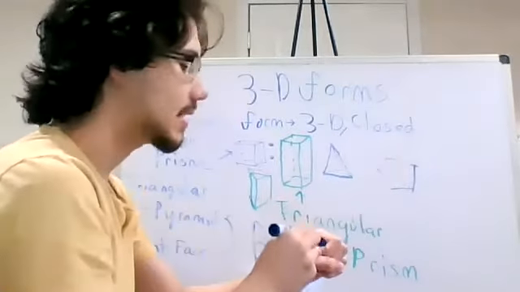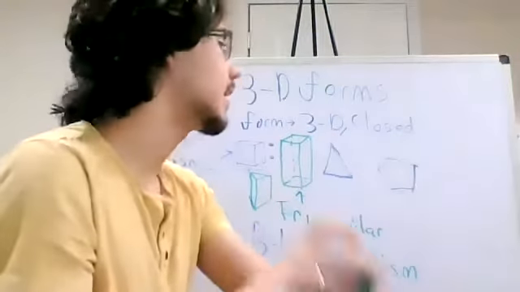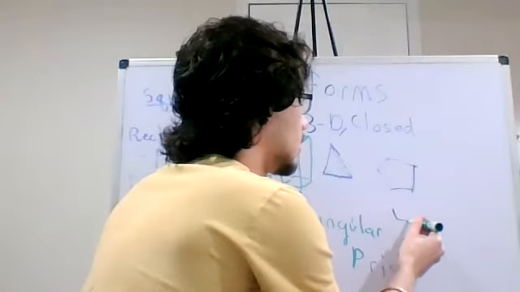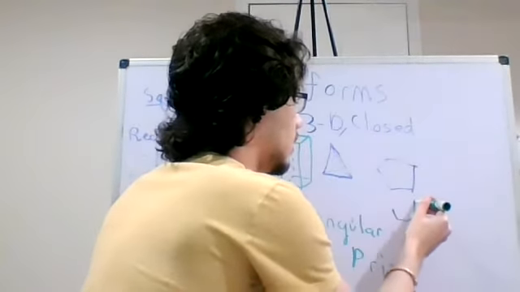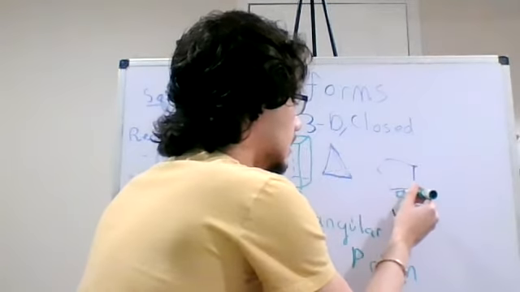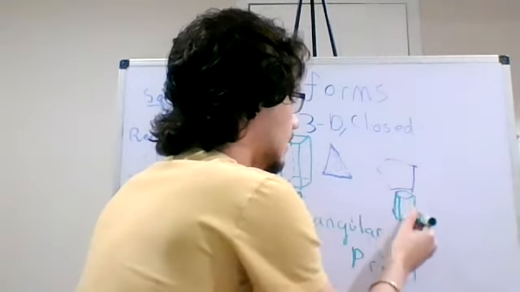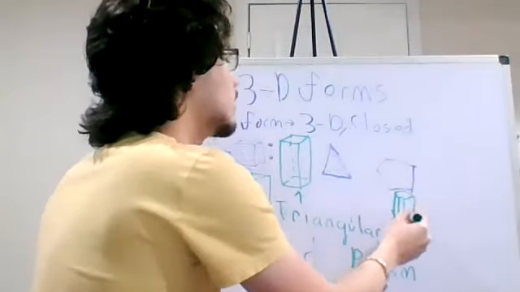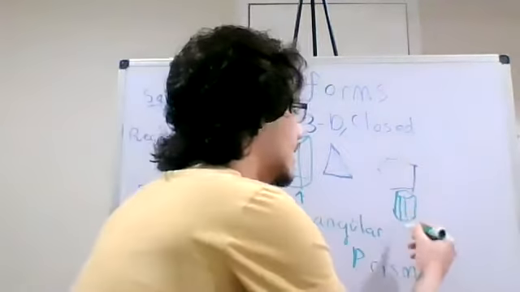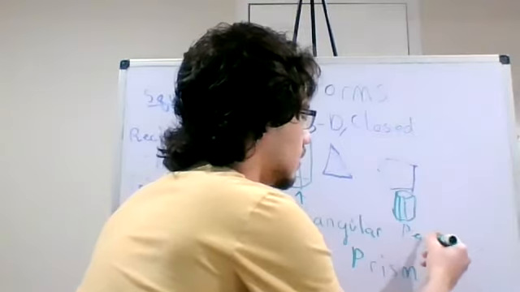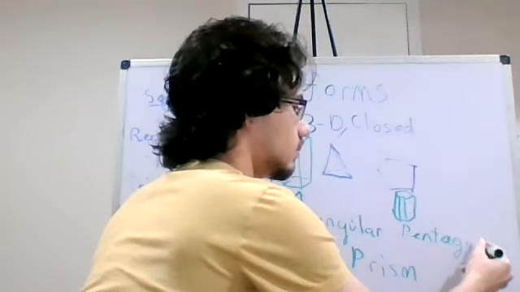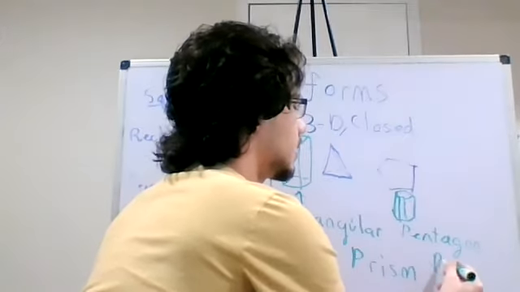We can take the pentagon, we can copy it over and over again, so we get a form that looks something like this. This would be a pentagonal prism, where it is a pentagon prism.